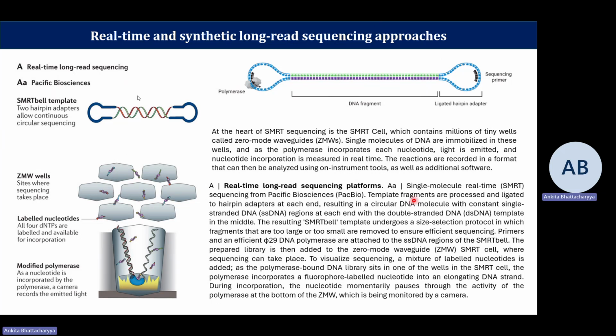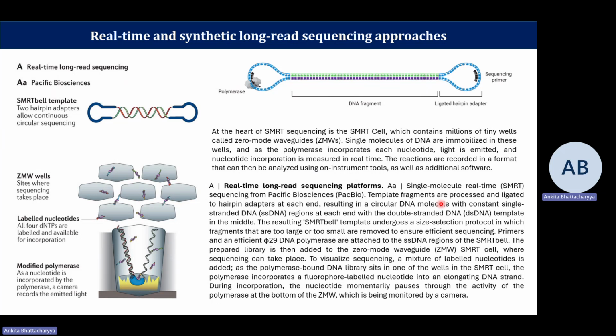So, basically, template fragments are processed and ligated to hairpin adapters at each end, which results in this sort of circular DNA molecule with constant single-stranded DNA regions at each end with the double-stranded DNA template present in the middle.